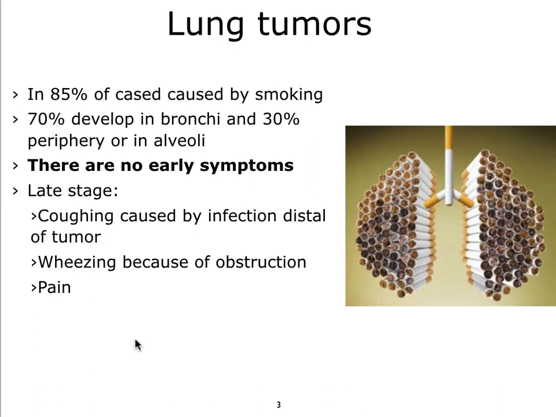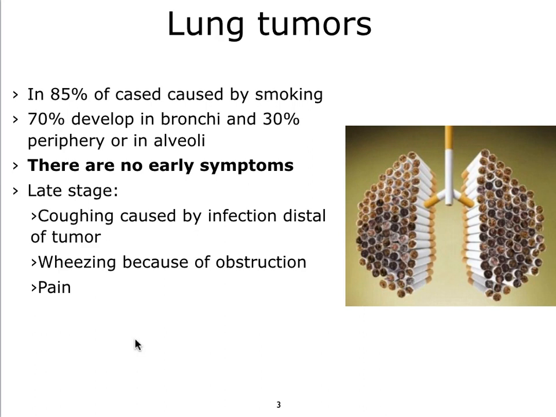70% of the lung tumors develop in the bronchi, so in the airways, and 30% more peripheral or in the alveoli. And the problem with lung tumors is that there are no early symptoms. So by the time you usually discover the disease, it's already in a late stage. And symptoms then are coughing caused by an infection distal of the tumor, because the tumor prevents the mucus from being removed from the airways, so bacteria can grow in that mucus and cause an infection.